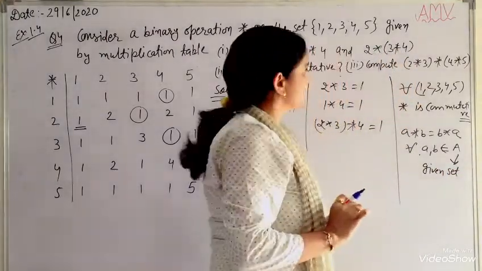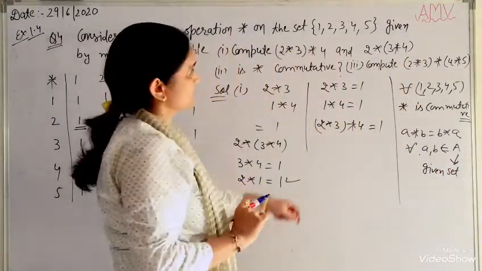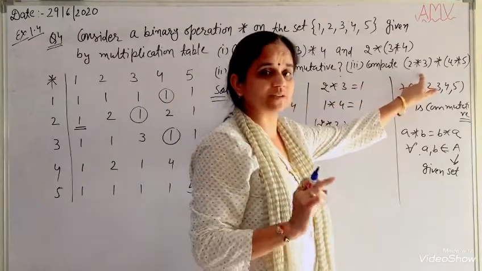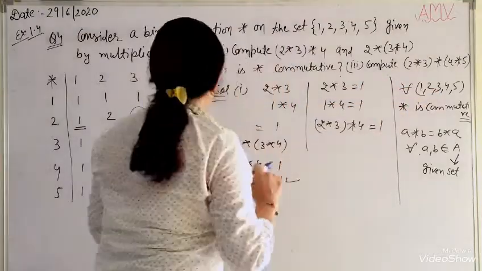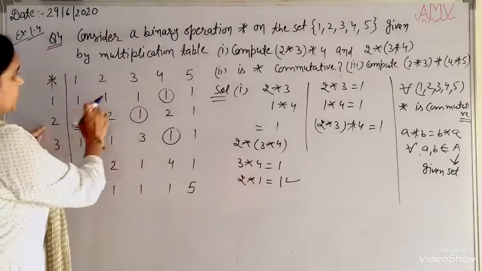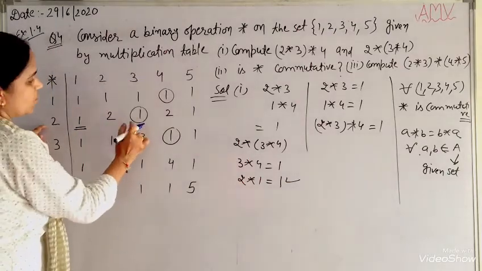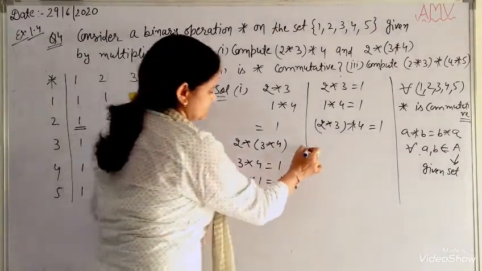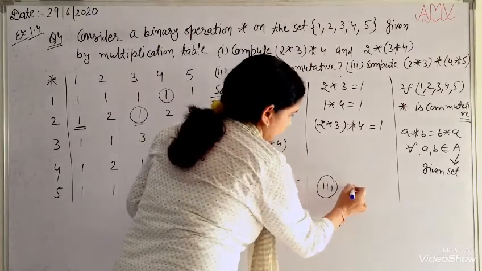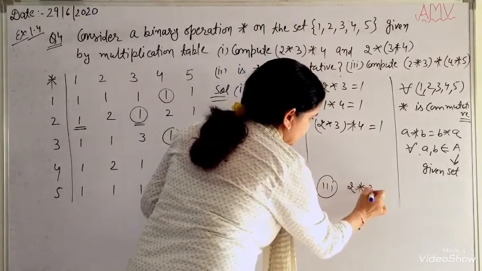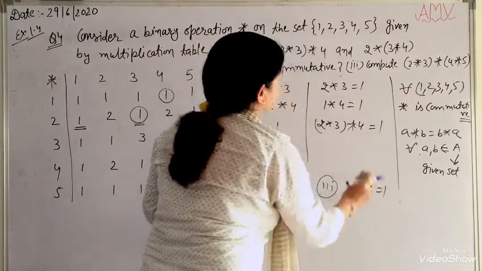Okay students, now the third part: compute (2 star 3) star (4 star 5). See, 2 star 3 is 1.